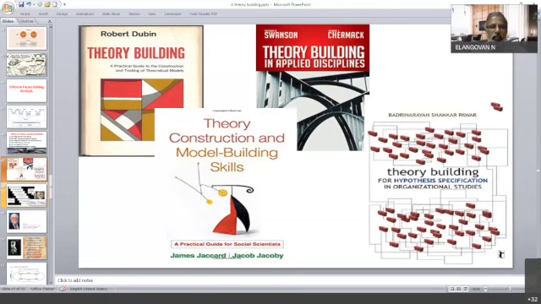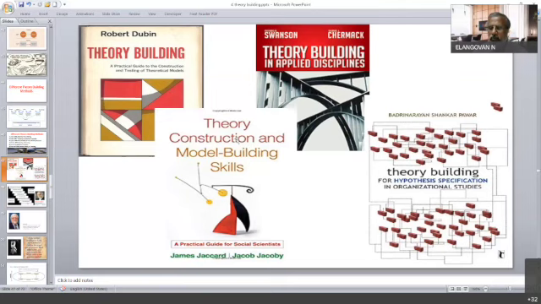This book is Theory Construction and Model Building Skills. It talks about a practical guide for social scientists, how you can do both model building as well as theory building. There is an interconnection between model and theory.